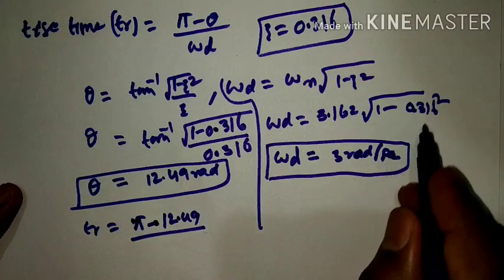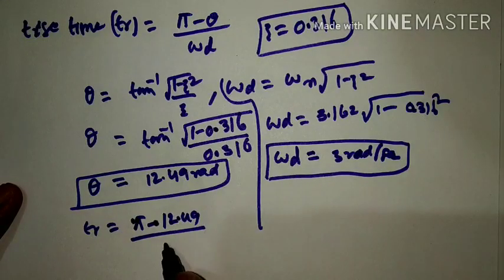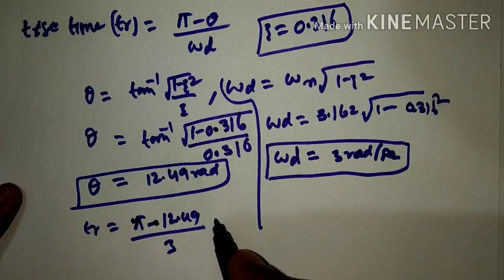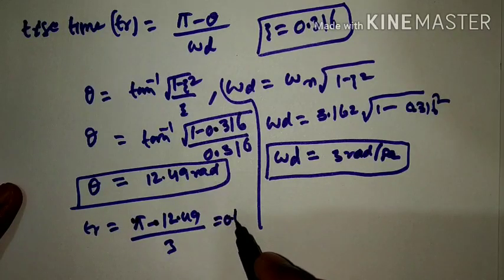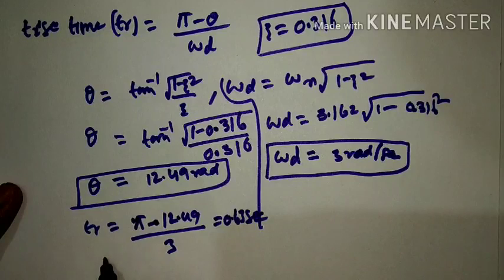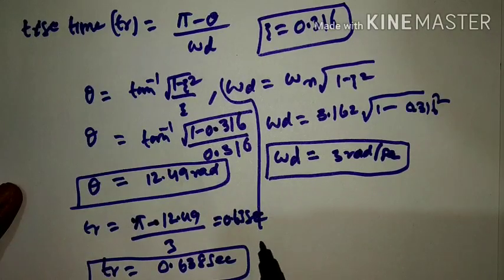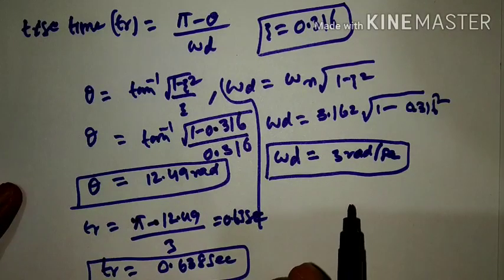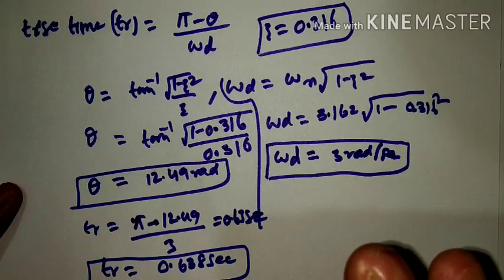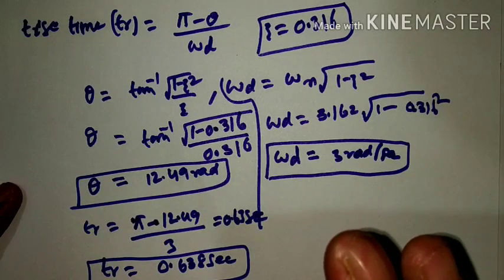Omega d is equal to 3, so substituting, you will finally get 0.638 seconds. So your TR is equal to 0.638 seconds.